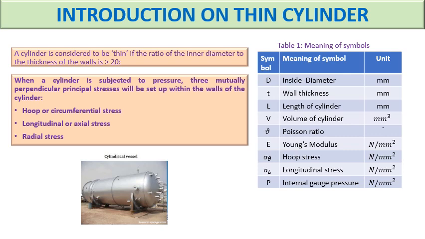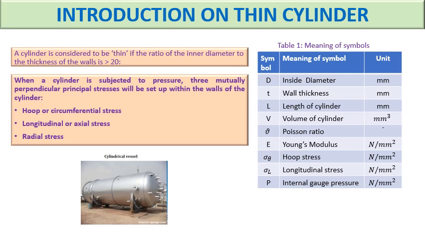In order to calculate the values of hoop stress and the longitudinal stress, we are making some assumptions. The first assumption is that there is no change in the cross section of the wall and it is assumed to be uniform. Since there is no change in cross section, the stress distribution will not vary significantly and it is assumed to be uniform or constant.